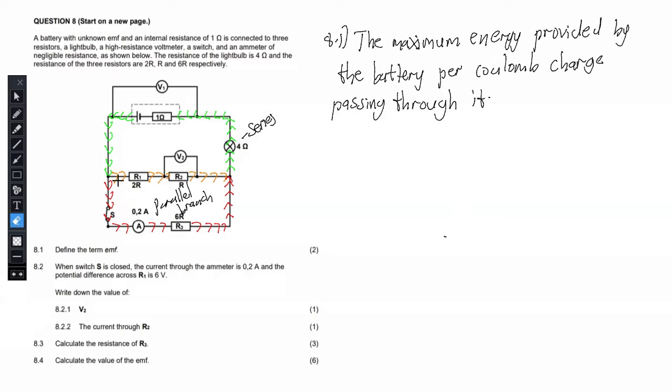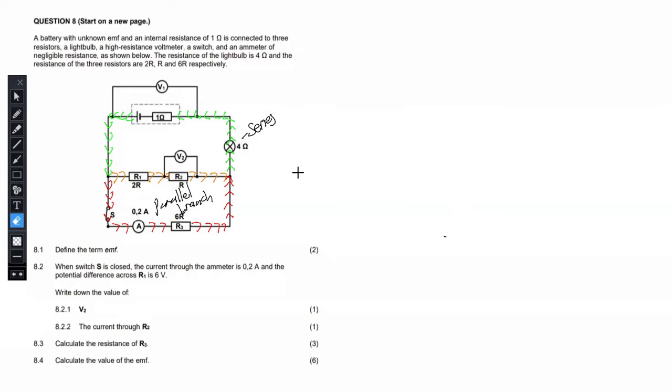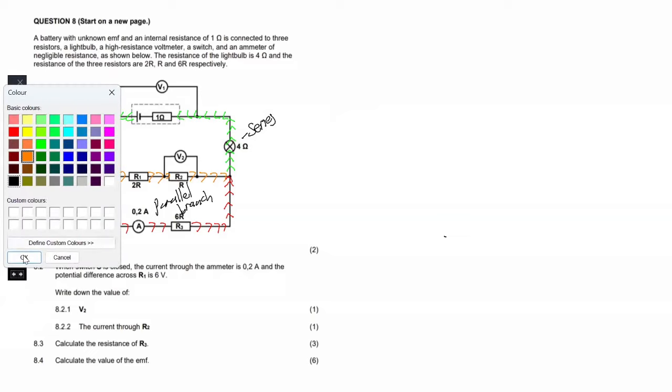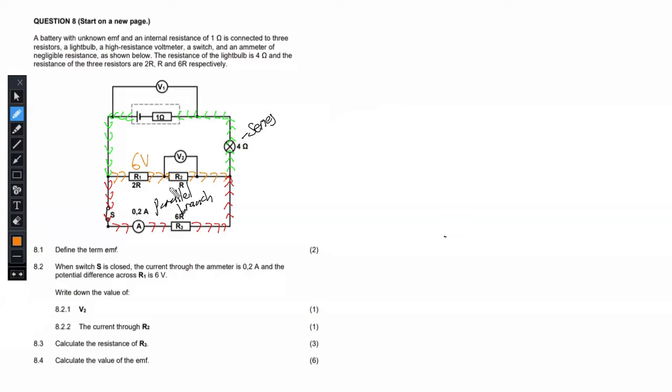Right, and then we have 8.2. It says when switch S is closed, the current through the ammeter is 0.2 amperes and the potential difference across R1 is 6 volts. So R1, we are given that the voltage in here is 6 volts, and this is a resistance of 2R.